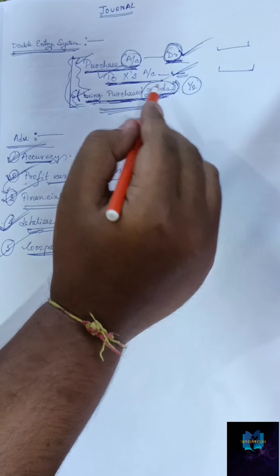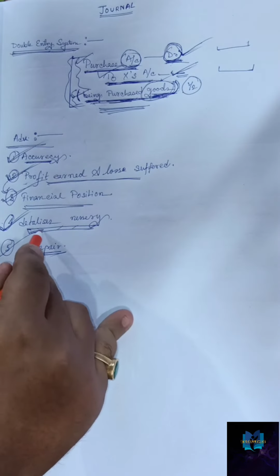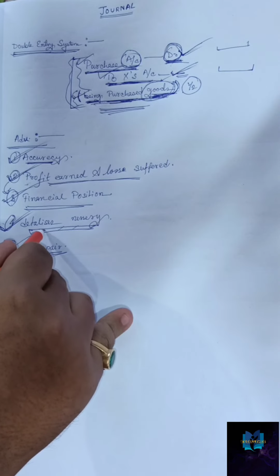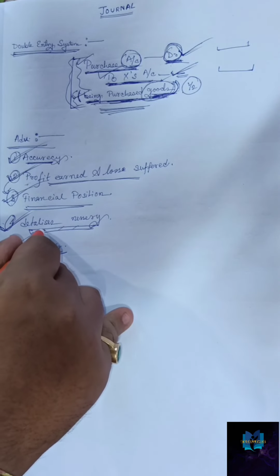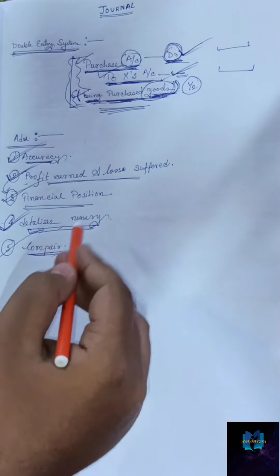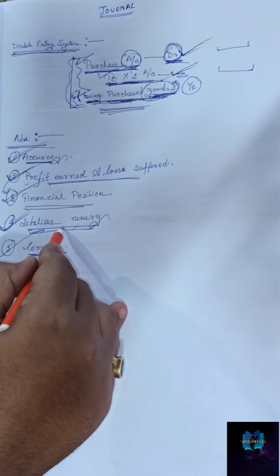What is he purchasing? X is purchasing goods. So narration gives us the detail which is necessary for the accountant in the future, that what we purchased for this amount. So the details necessary is one of the most important advantages of the double entry system.